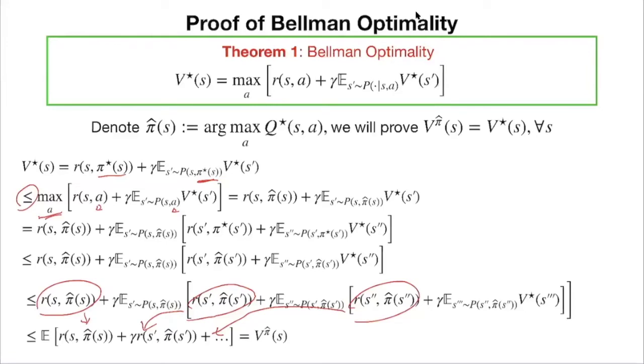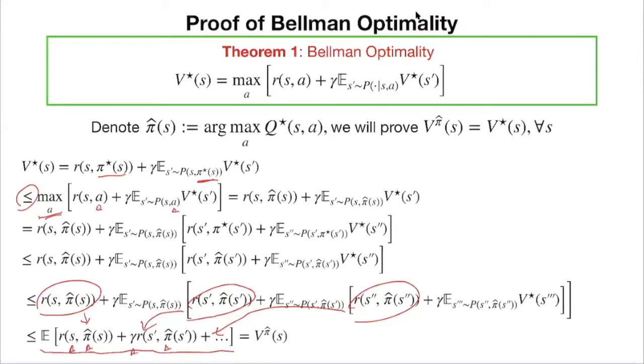Okay, so now look at the simplified expression. This is actually the value function of v pi hat at state s, because this says that I start at s and I start taking actions from pi hat all the way to the end, and every reward is discounted properly.